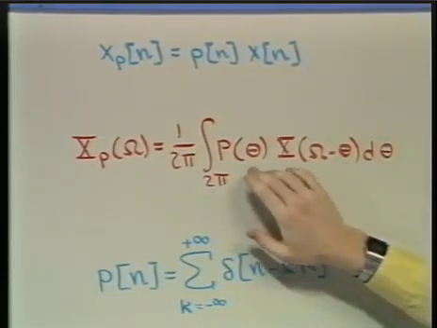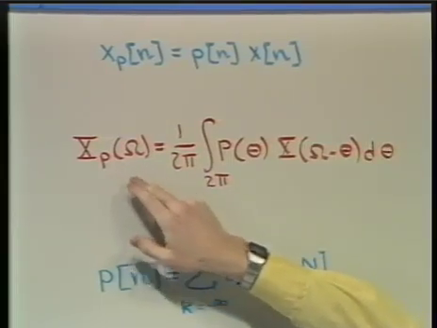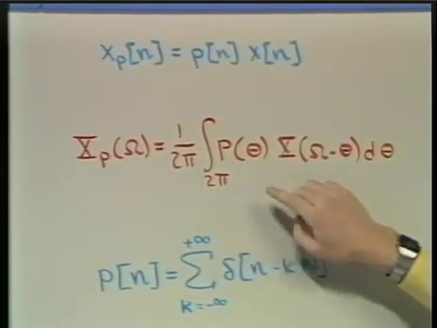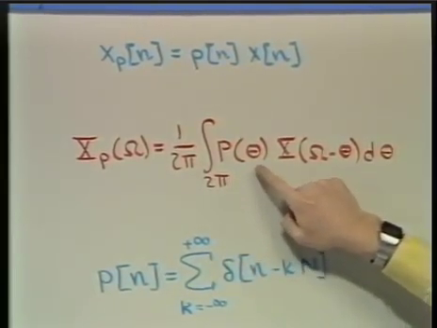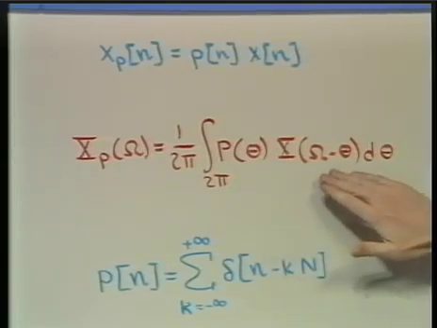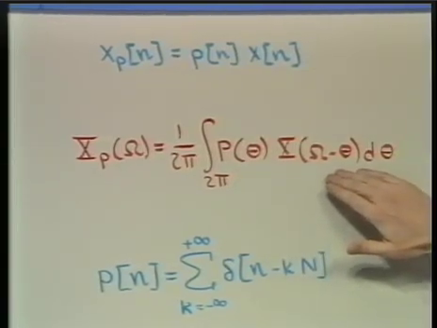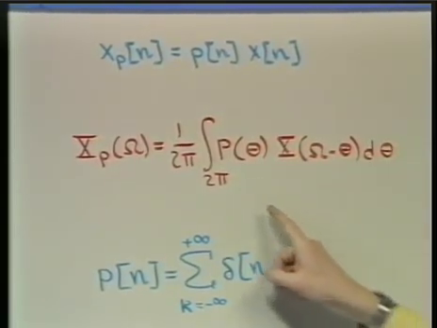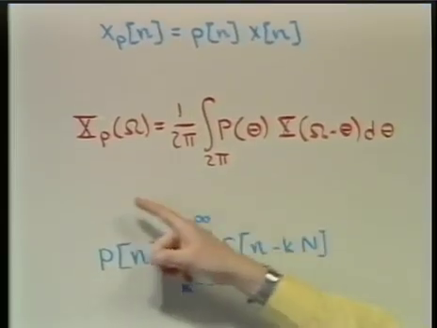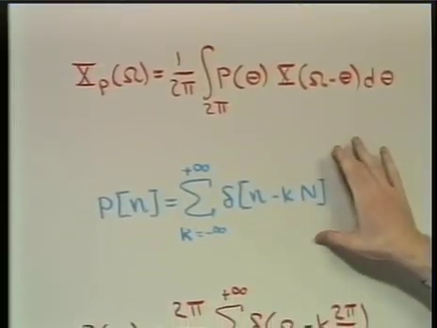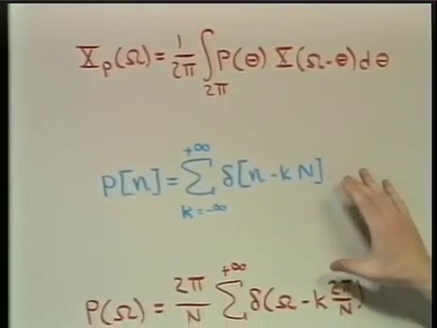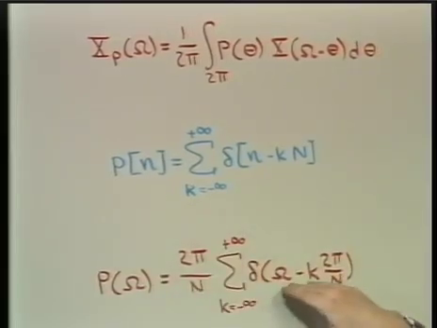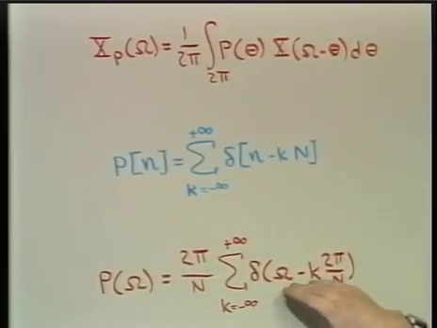And so the spectrum of the sampled sequence is the periodic convolution of the spectrum of the sampling sequence and the spectrum of the sequence that we're sampling. And since the sampling sequence is an impulse train, as we know, the Fourier transform of an impulse train is itself an impulse train, and so this is the Fourier transform of the sampling sequence.